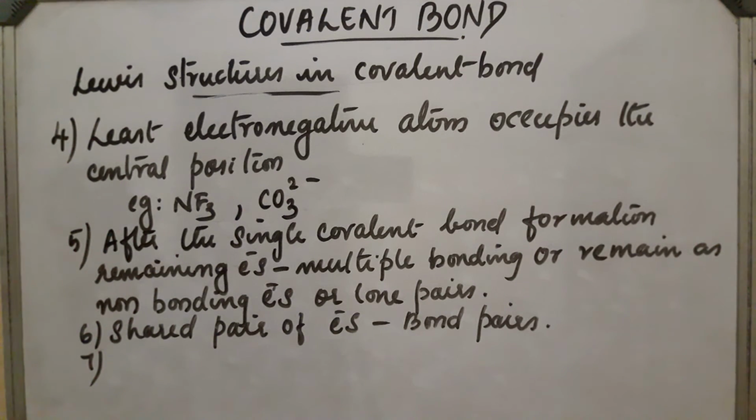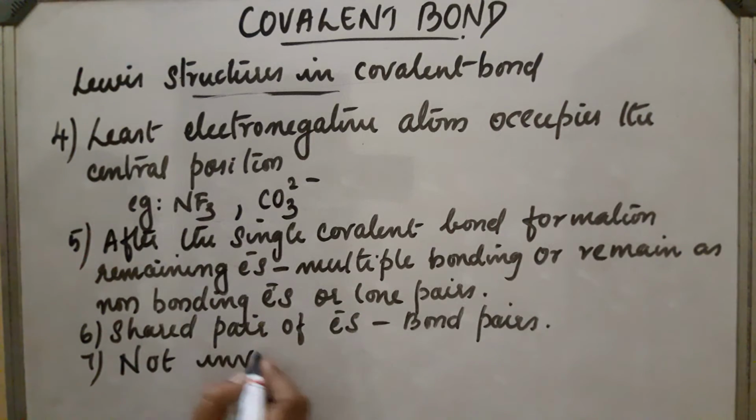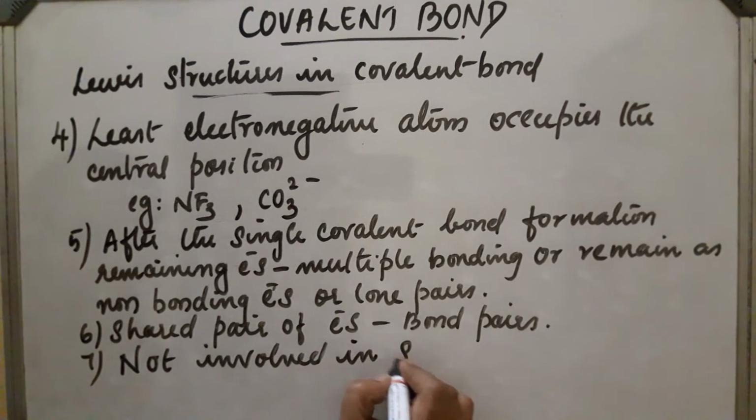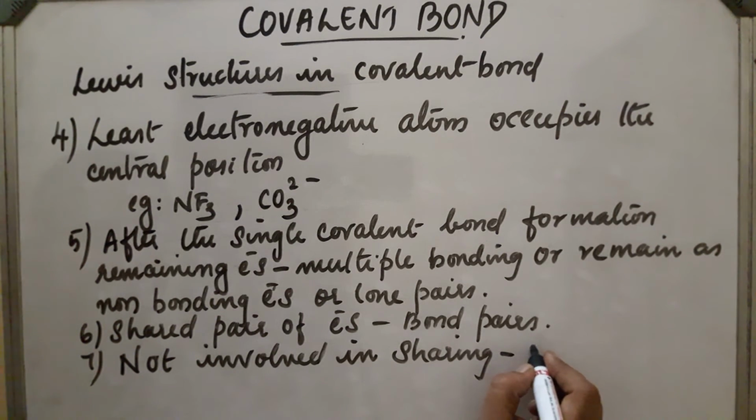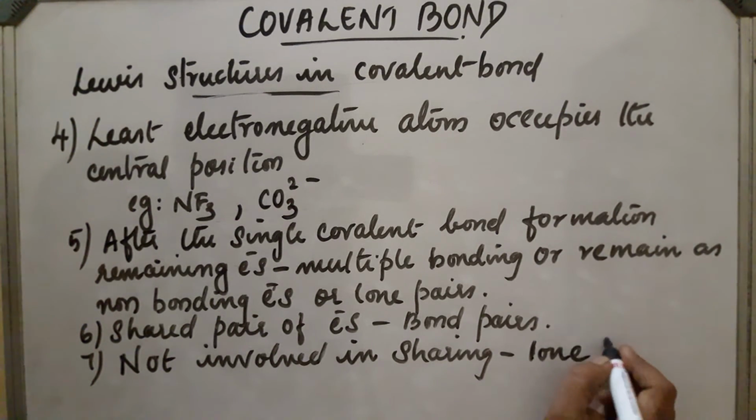Valence electrons not involved in bonding or sharing are called non-bonding electrons. These are called non-bonding pairs or lone pairs.